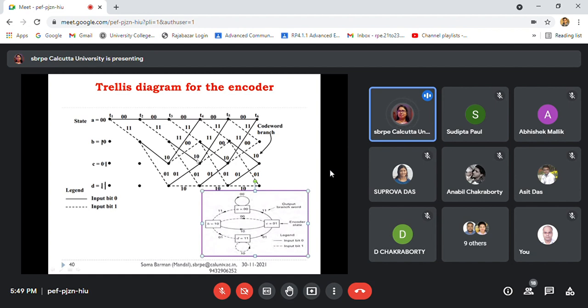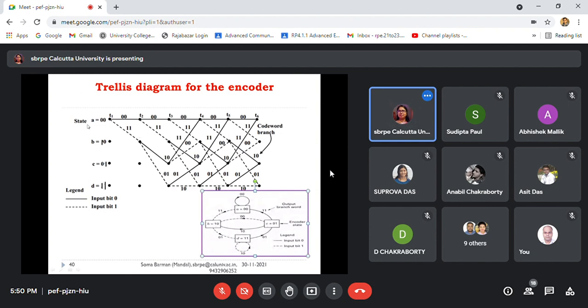One thing is important in the case of a trellis diagram. When you are marking the path, for 0 you mark by a solid line, and for 1 you mark by a dashed line. You can use the opposite also, 1 by solid and 0 by dash. But always remember, the lower path is for the 1 bit and the upper path is for the 0 bit.